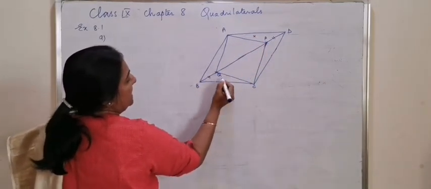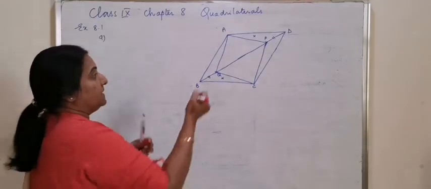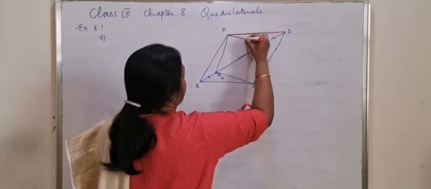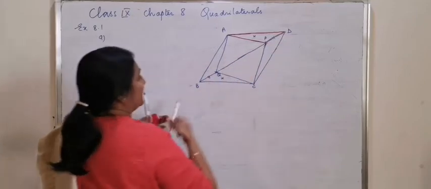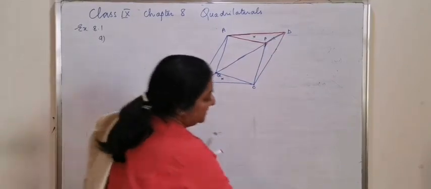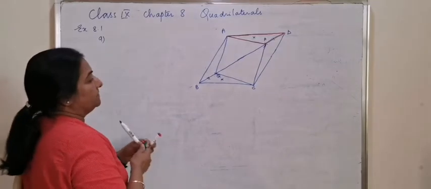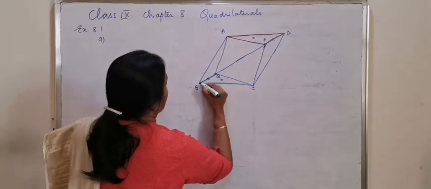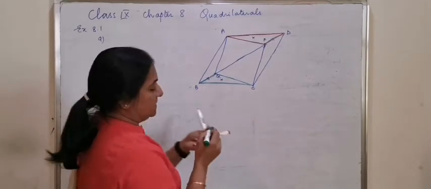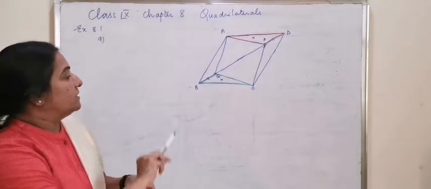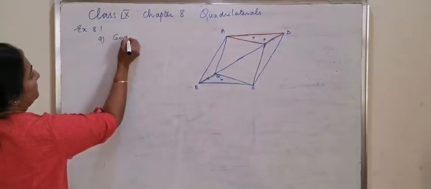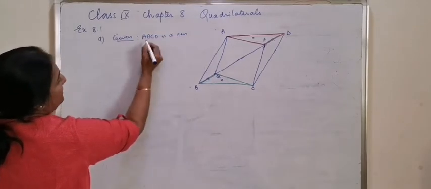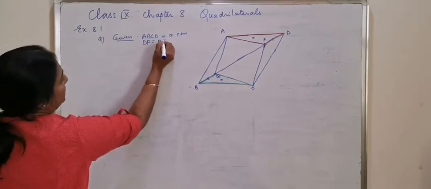Given: ABCD is a parallelogram, as well as DP is equal to BQ.